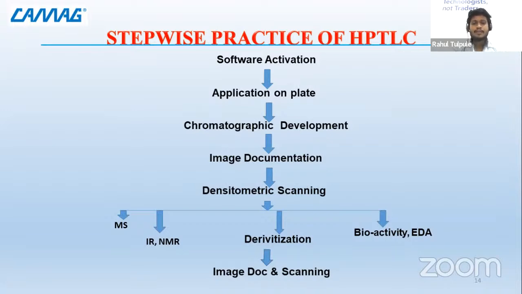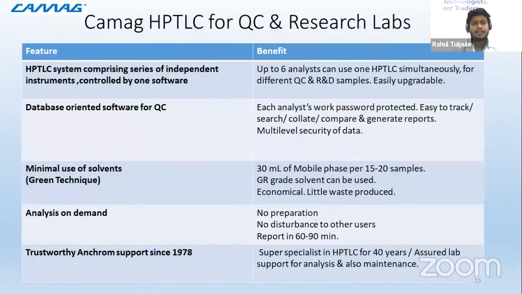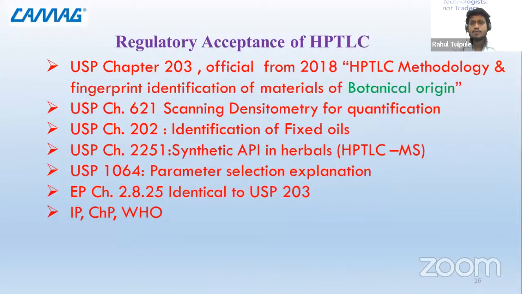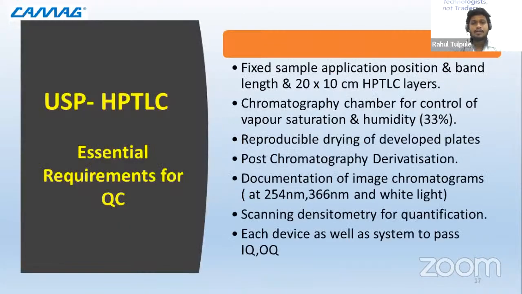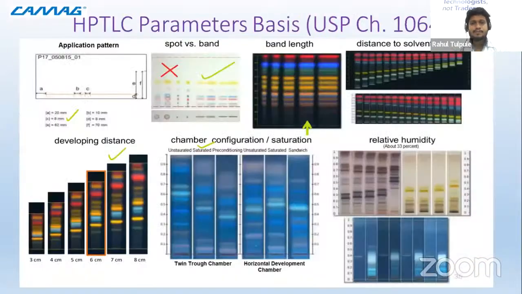Then we move to MS, IR, NMR or derivatisation or bioactivity, image documentation and scanning. We'll come to this when we talk about the applications. I want to introduce you to the instrument and its applications first.